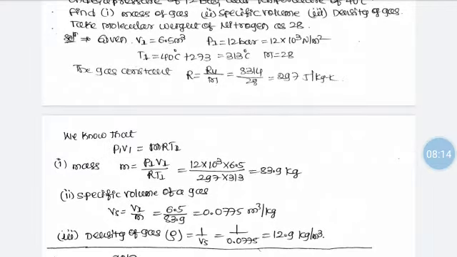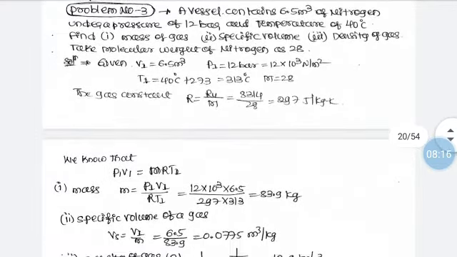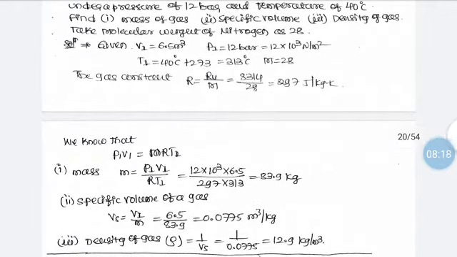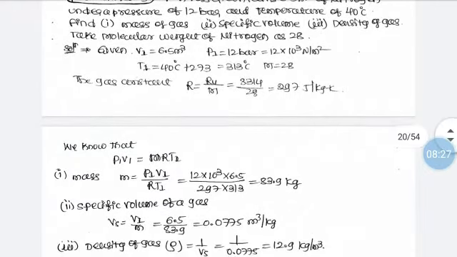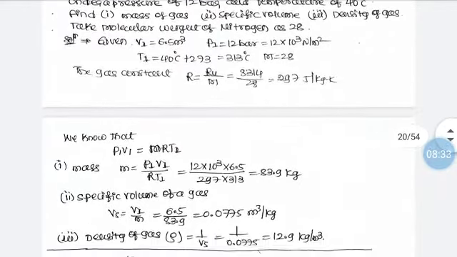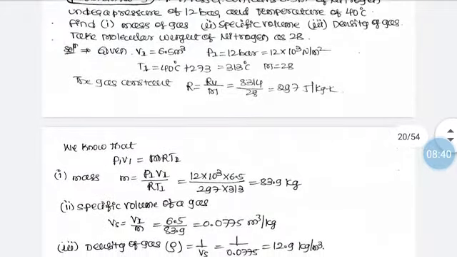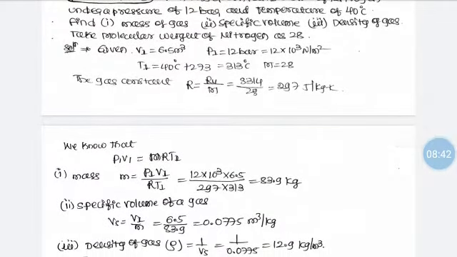The gas constant R we have to calculate here for calculating the mass. So R is equal to the universal gas constant Ru divided by the molecular weight. The universal gas constant value we know is 8314. This is a standard value we have to remember here.